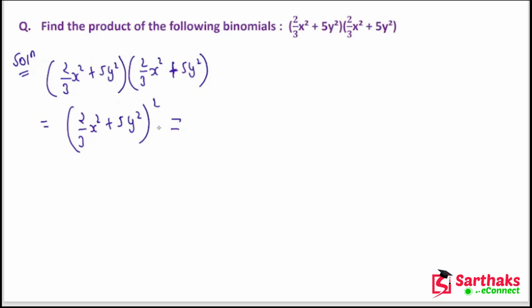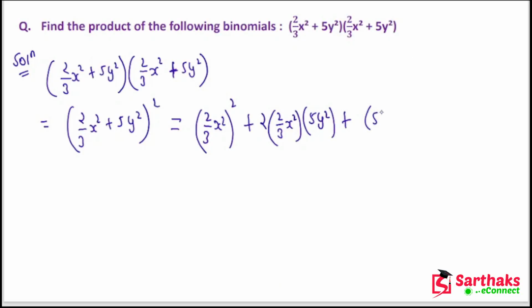If you want to open it, it will be like (a plus b) whole square. So it will be a² plus 2ab plus b², where a is 2/3 x² and b is 5y². Right.